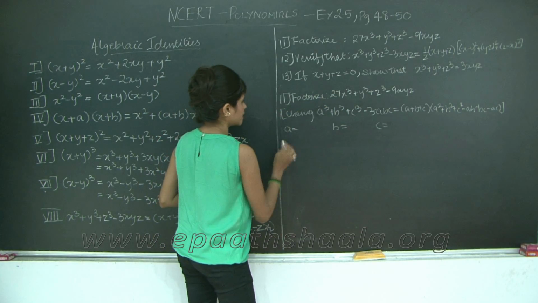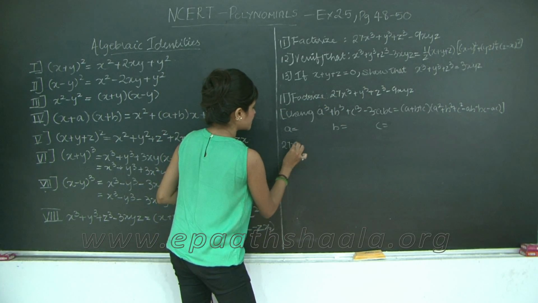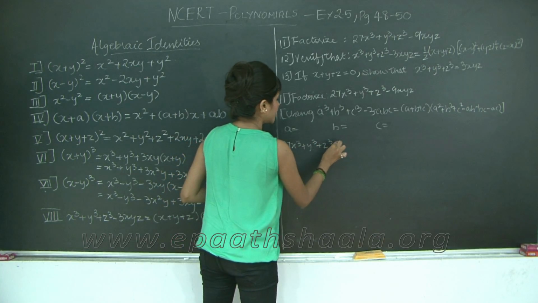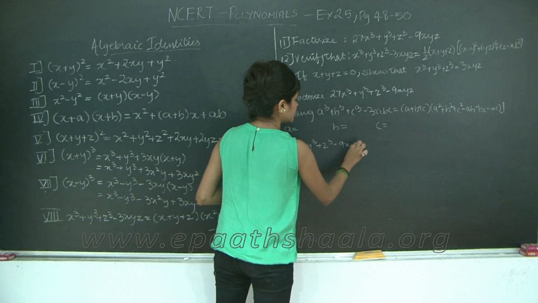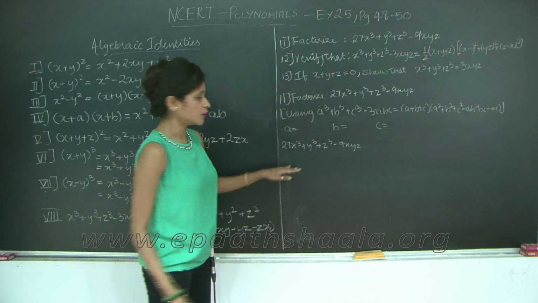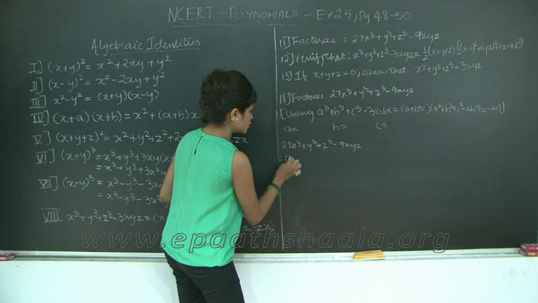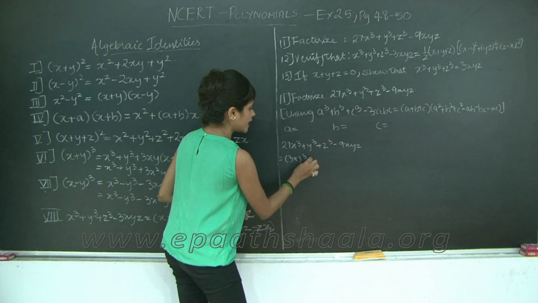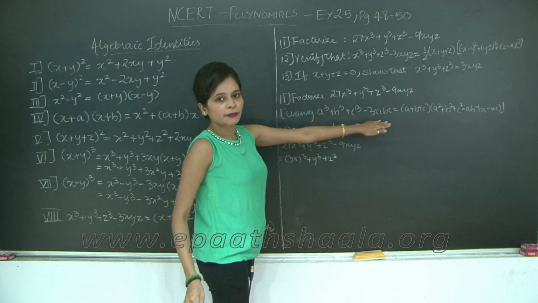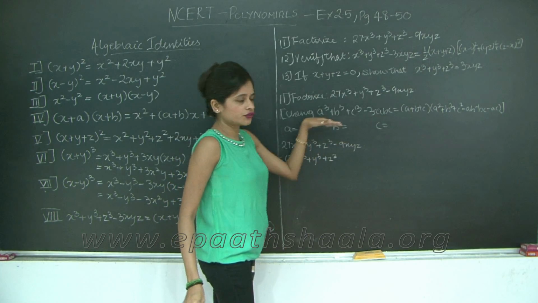So first I need to write my question once again, which is 27x cube plus y cube plus z cube minus 9xyz. So 27x cube can be written as 3x the whole cube. So this becomes 3x the whole cube, y cube stays as it is, and then we have z cube. Now my last term is minus 3 into the product of the three terms that we have.